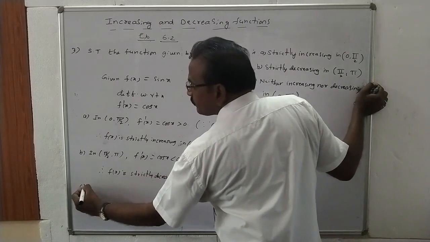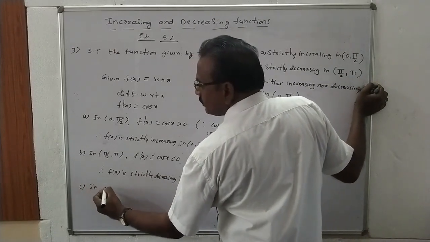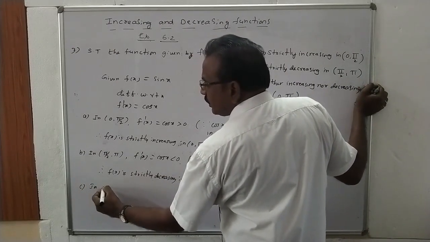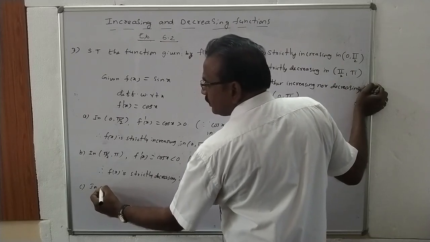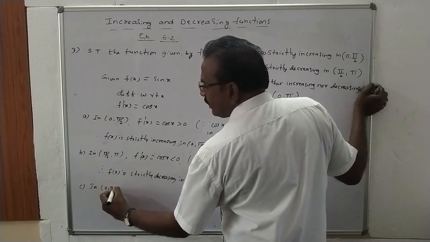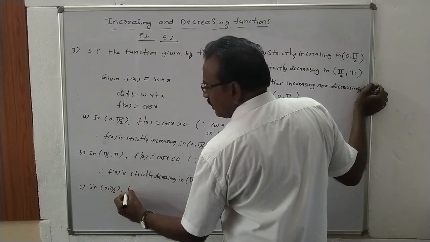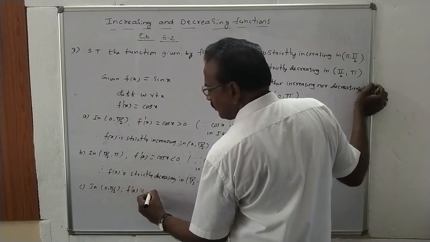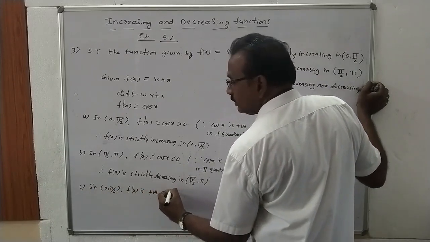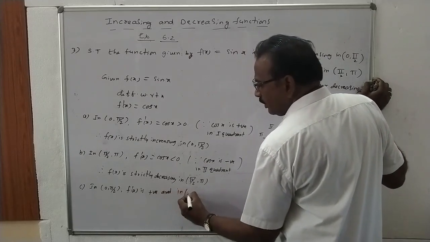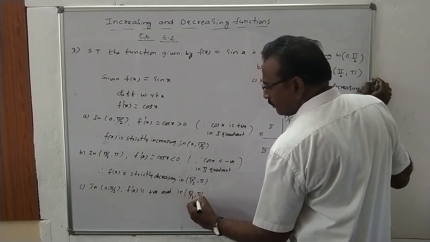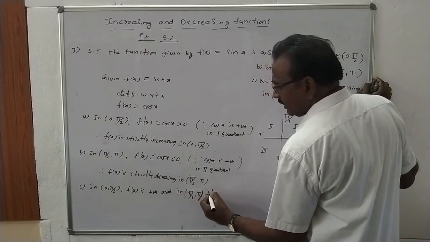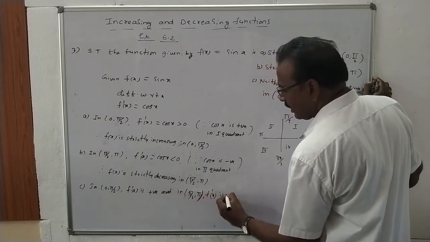Third one, in the open interval 0 comma pi by 2, f dash x is positive, and in the open interval pi by 2 comma pi, f dash x is negative.